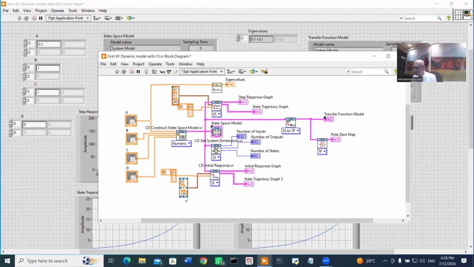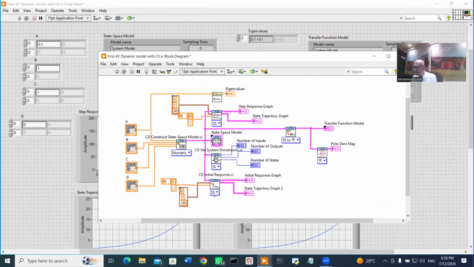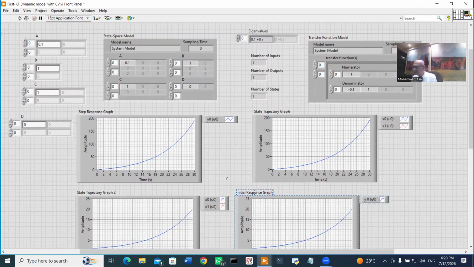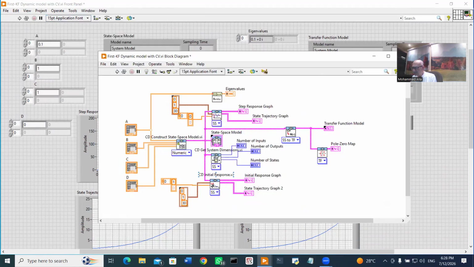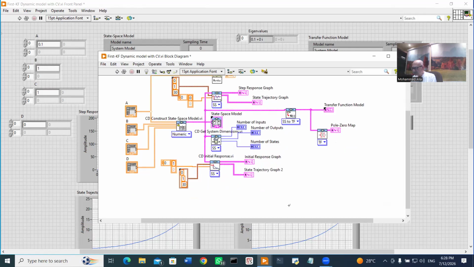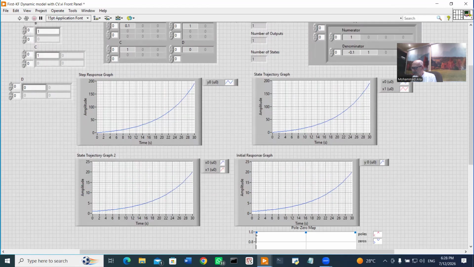I have given the initial value from 0, from 1. Let me see. The time is given as a constant beginning with 0 with a division of 1 and a length of 30. Here the length is 30 because I don't want to see it up to infinity.